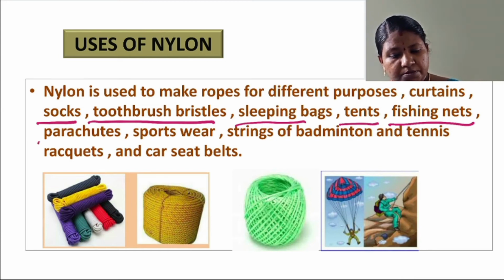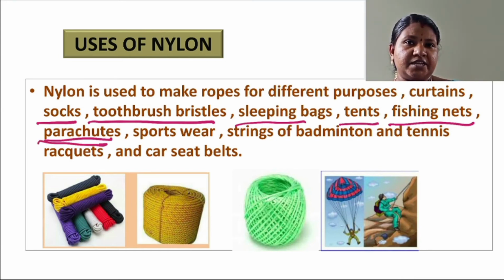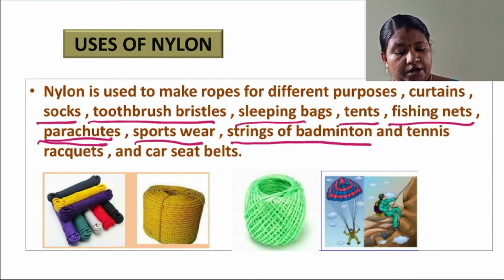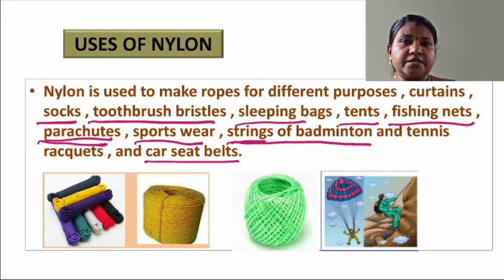And then parachutes are made of nylon. Sportswear and the strings of a badminton racket, the part with which you strike, are made of nylon alone. And then car seat belts. When we drive the car, for our safety we wear that seat belt, isn't it? That seat belt is also made of nylon.